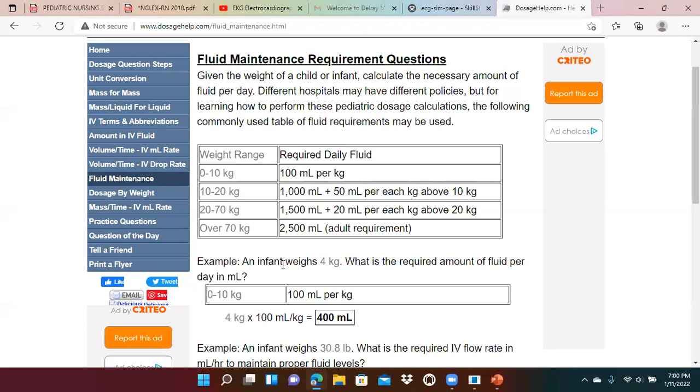Example, an infant body weight 4 kilogram, means it is here 100 ml per kg.